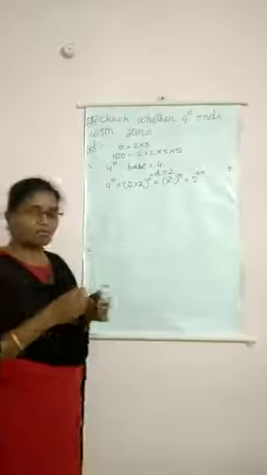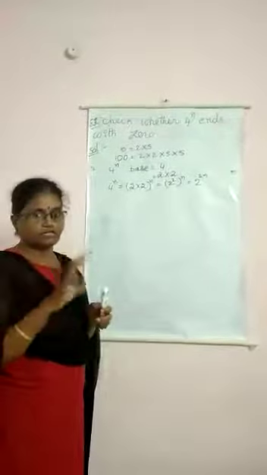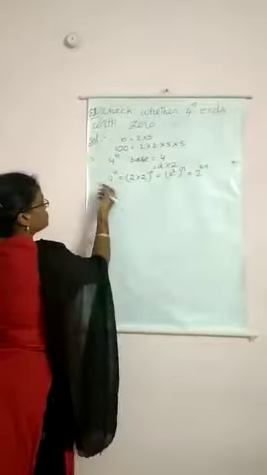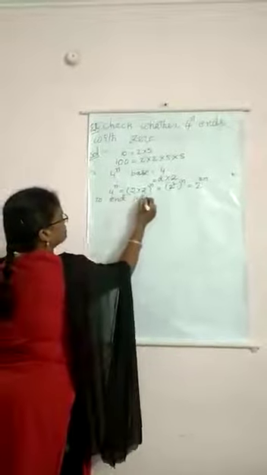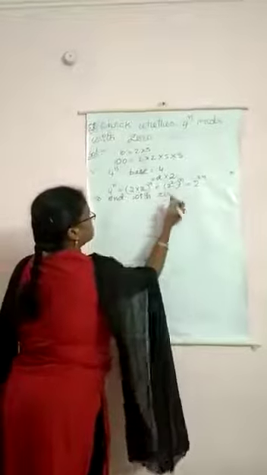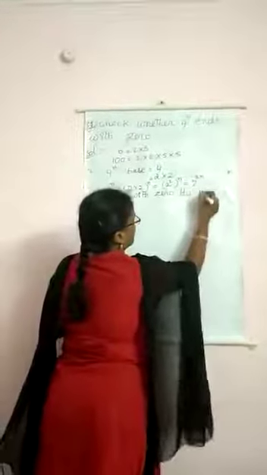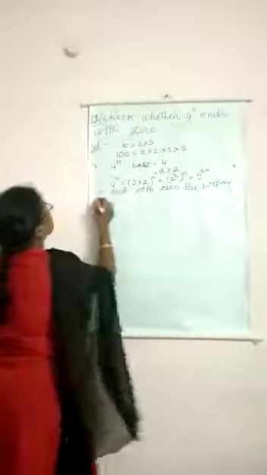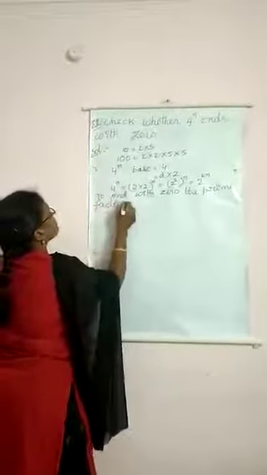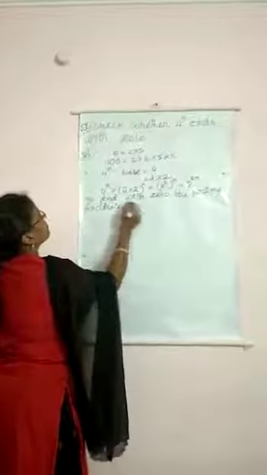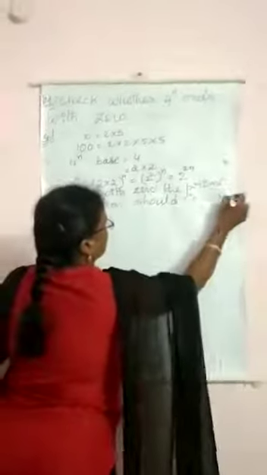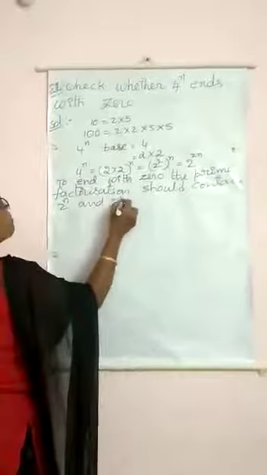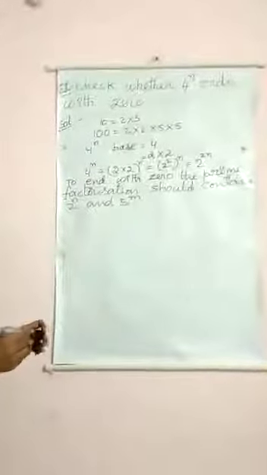So in this sum you have to write a few sentences about this. What you have to write is: to end with 0, the prime factorization should contain 2 power n and 5 power m, means 2 powers and 5 powers.